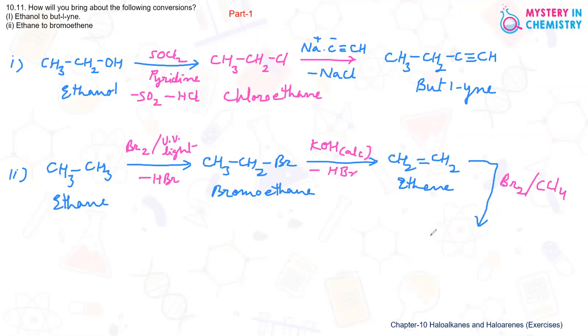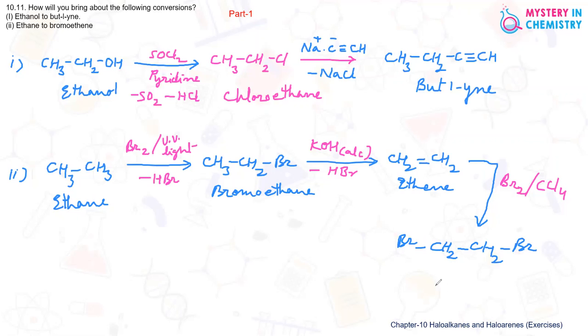It is actually addition of bromine at the double bond. So we can write CH2Br and CH2Br. 1,2-dibromoethane is the product formed. At the double bond, bromine addition is taking place, so it should be this compound.